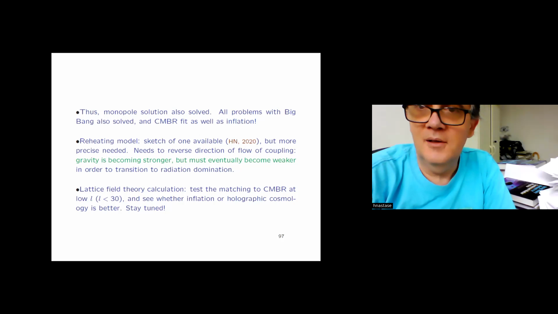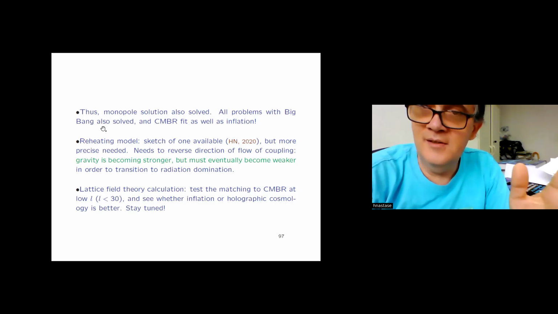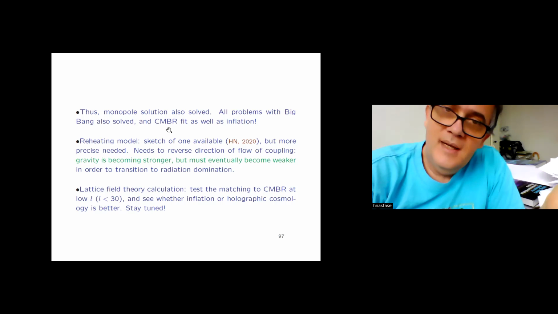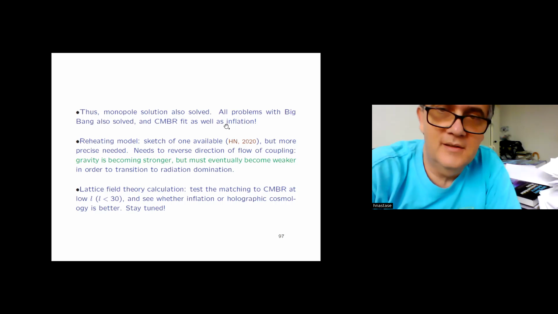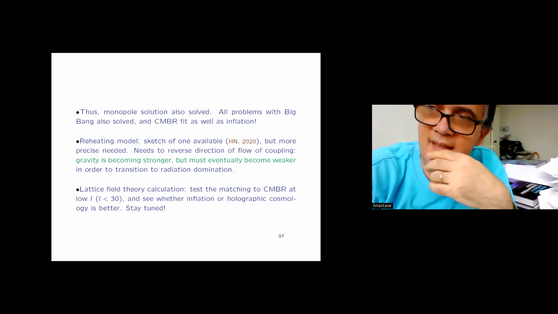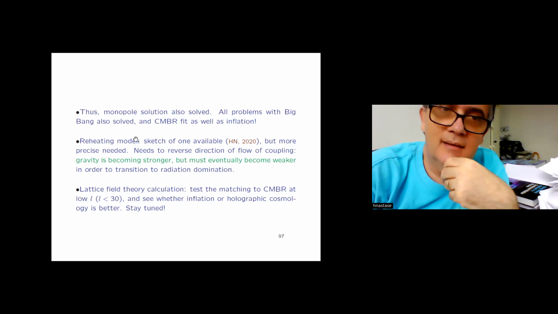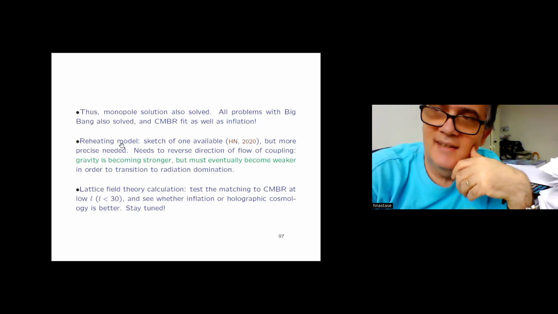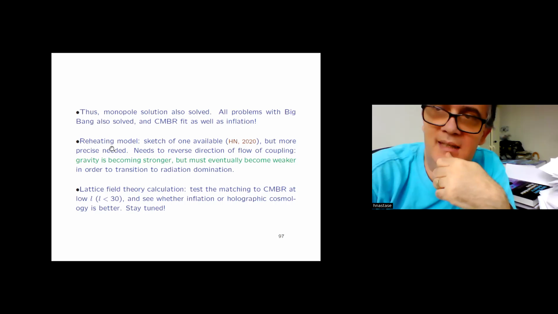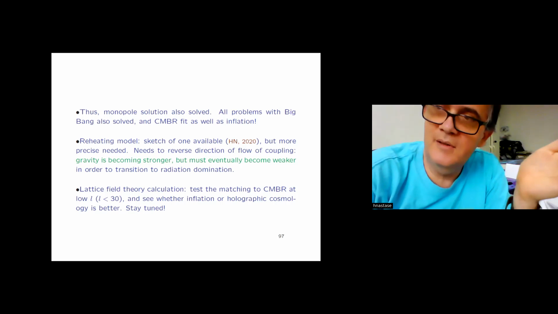That means that all problems with the original hot Big Bang cosmology are also solved, just like inflation solves them. And we saw that the CMBR fit was as good as for inflation for the holographic cosmology. So what does it mean? What is missing then to be at the same level as inflation? Well, one thing that is missing is a well-defined reheating model, or rather the equivalent of reheating in holographic cosmology.